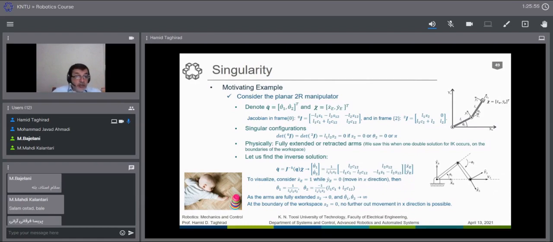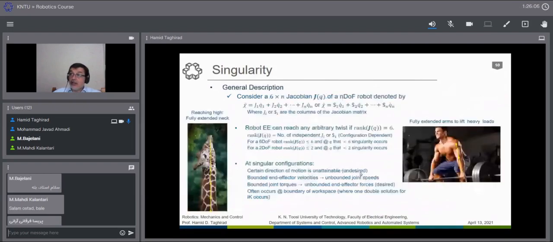In some particular cases, you don't need one particular direction. You can go through that singularity, and as you see here, we are losing something and gaining something else. We can have a very heavy load in this direction. Of course, very limited motion, but a much larger force that we can have.